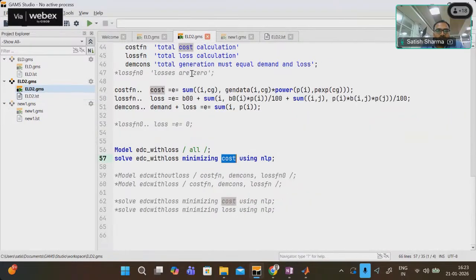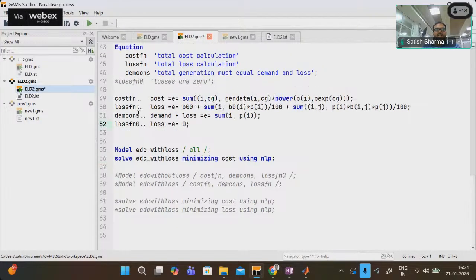Now what will happen if instead of minimizing cost, I put the loss? To change between problems, as I explained earlier, you can define it differently. So let me define another equation which is loss function 0.